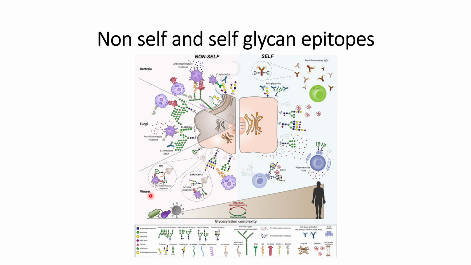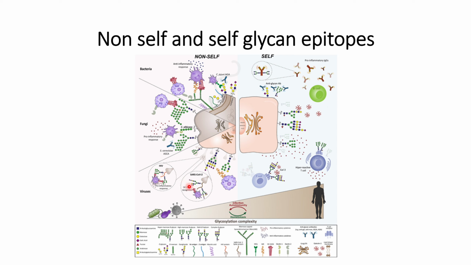In the case of viruses, these glycan epitopes are usually found on the spike structural protein of the virus. For example, in SARS-CoV-2, they are found on the spike protein. They are found on other structural parts of these viruses also, but usually on the spike.